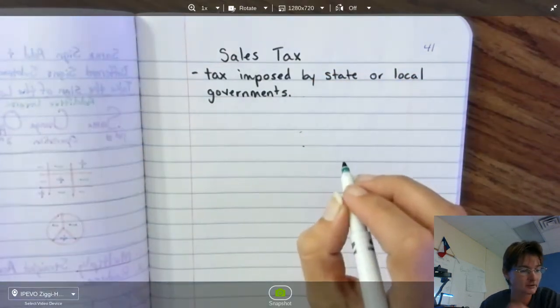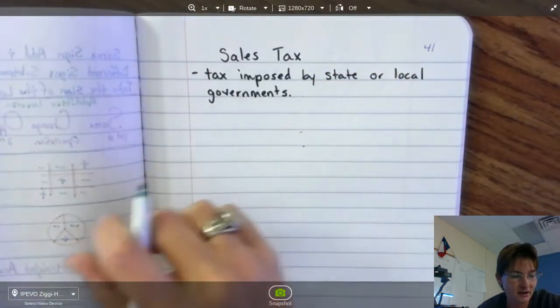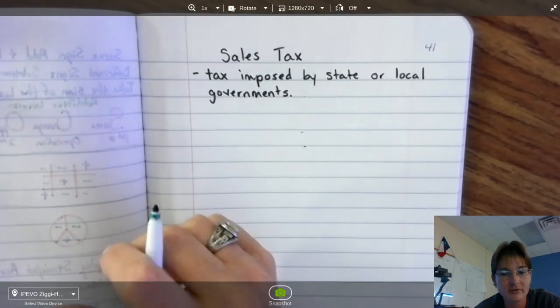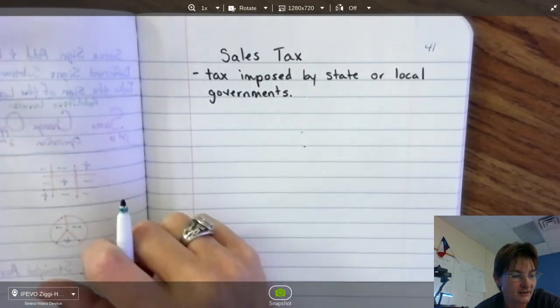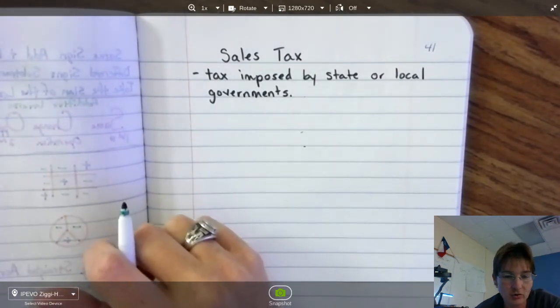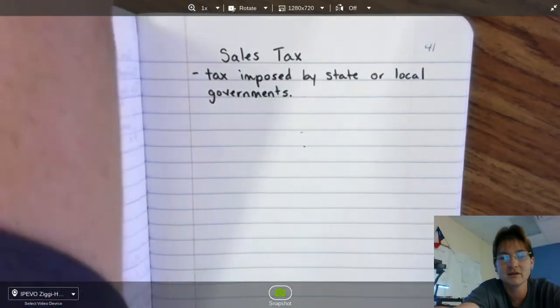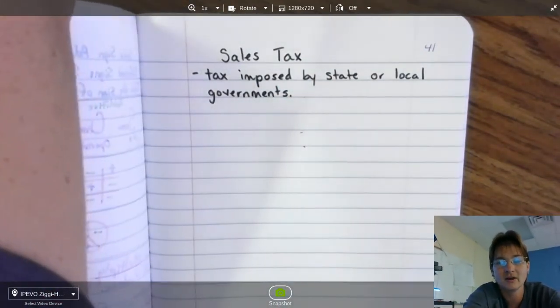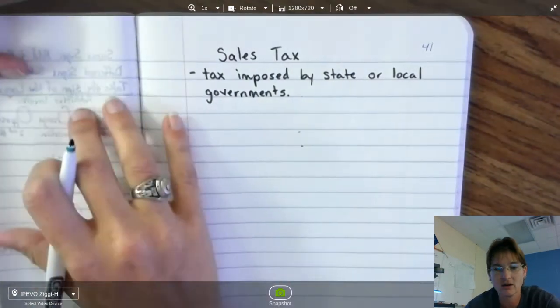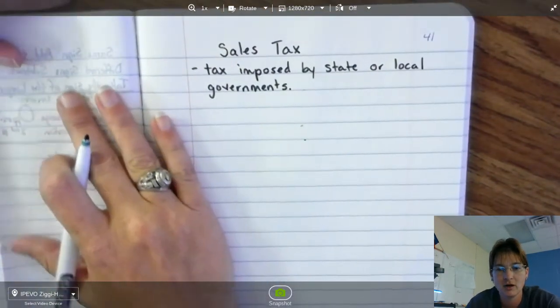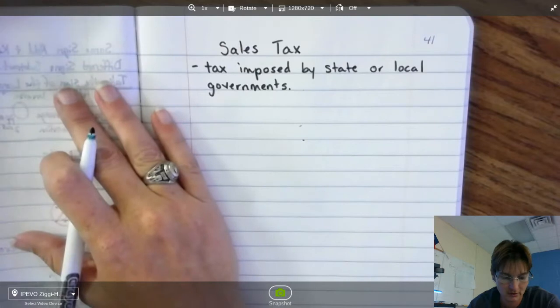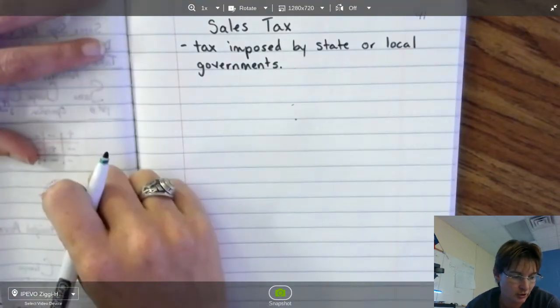It is collected by the seller or service provider. The tax is a percent of the total cost of the goods, meaning that when you go and buy stuff, they're putting a sales tax on it to collect a little bit more than what the actual price is shown.